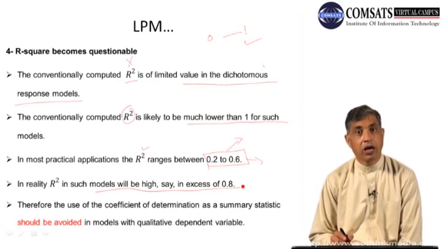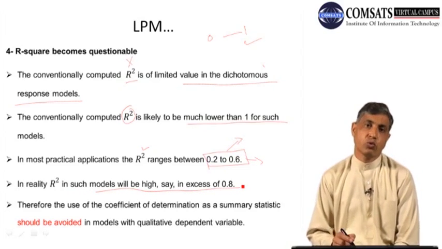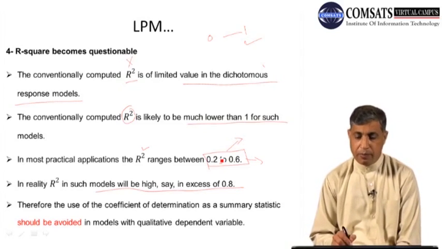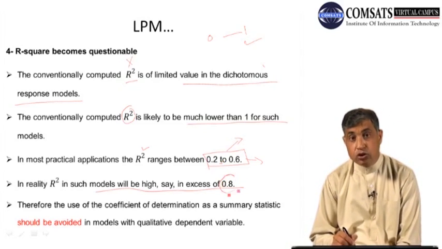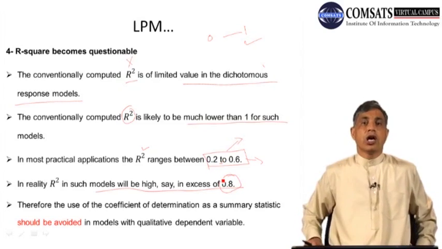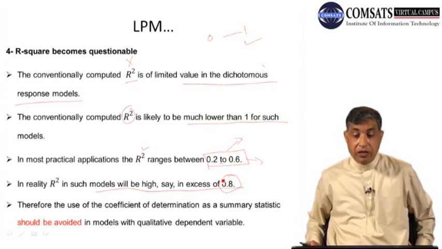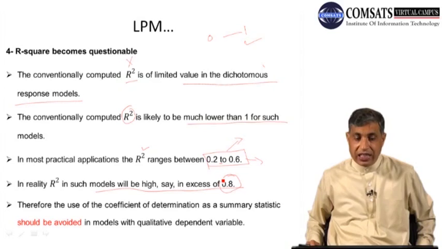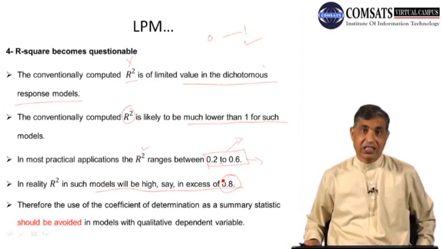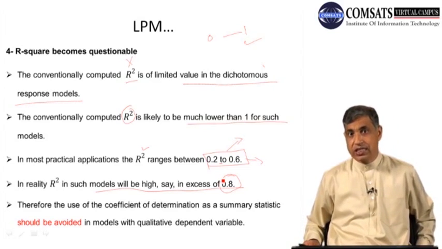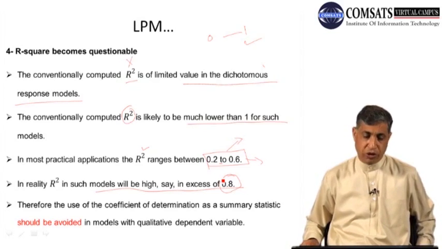It will stay between 0.2 and 0.6, but still in reality it is 0.8. What does this mean? 80% variation is explained, but your R square in the linear probability model is showing that variation is being explained only 0.6.